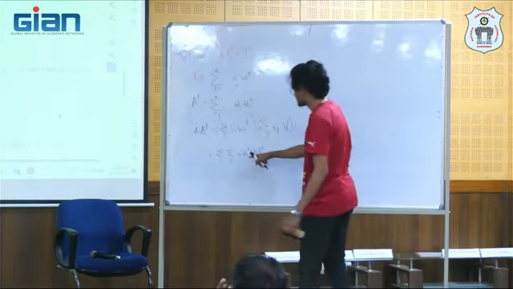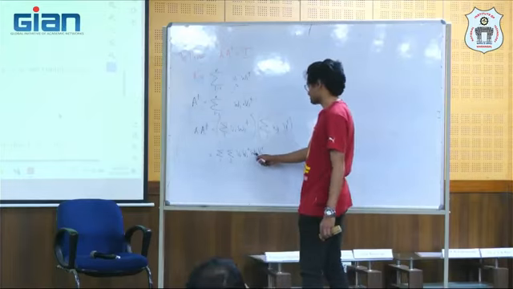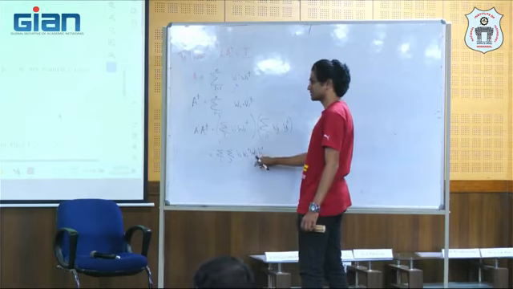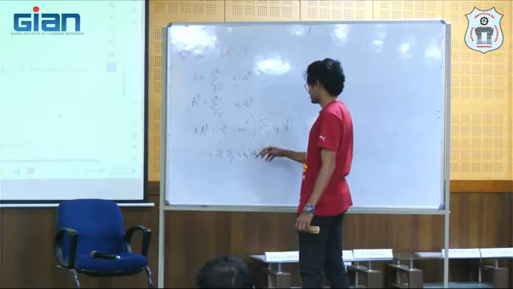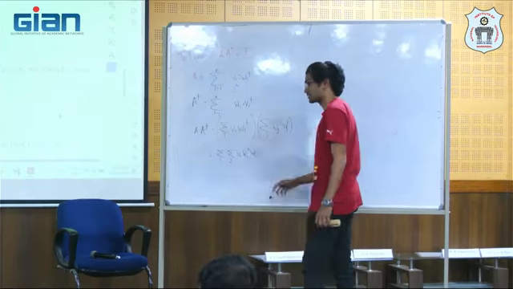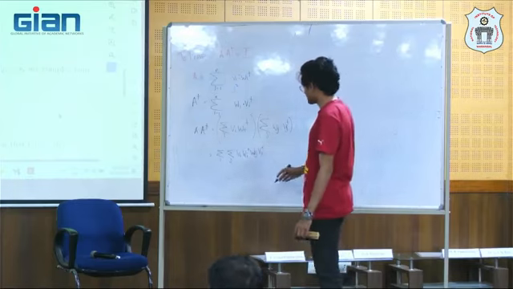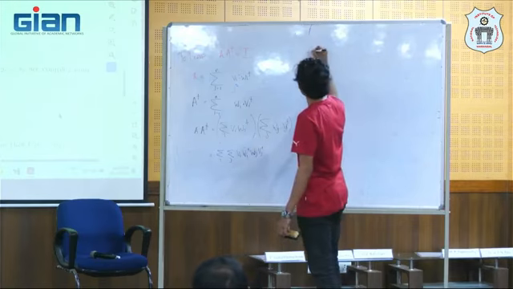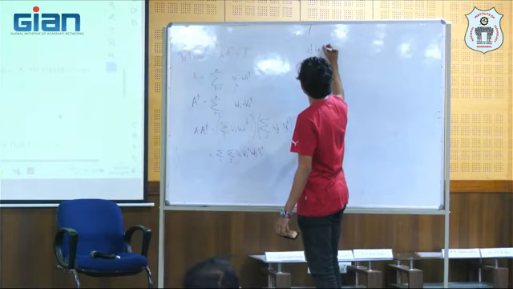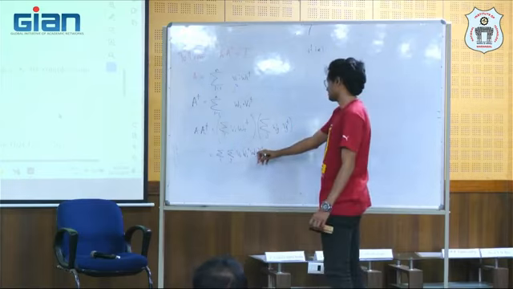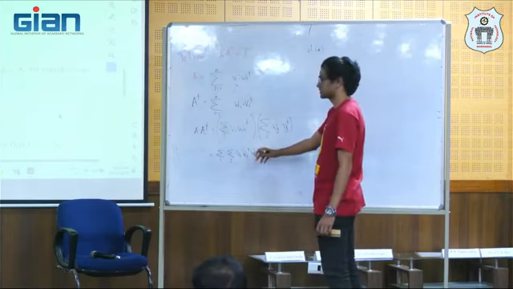What is this? What happens if i is equal to j and what happens if i is different from j? Write the two cases. Why will it become 0?